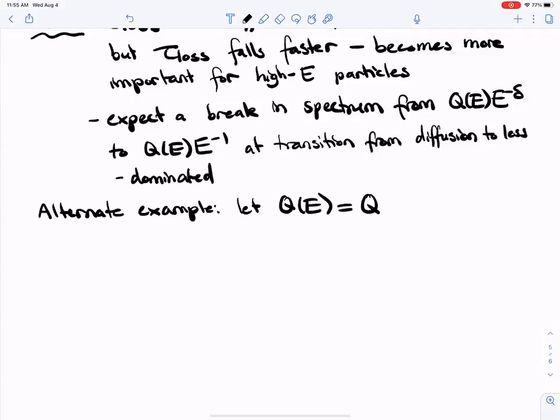So let's say this injection rate is some injection rate times delta of E minus M chi. So I'm injecting electrons at the energy of the dark matter mass. Okay, so this is an example from dark matter annihilation. Then let's look at what would happen in the cooling dominated regime for this case.